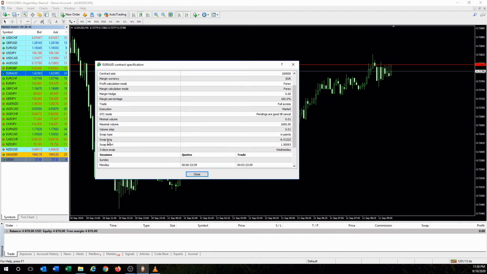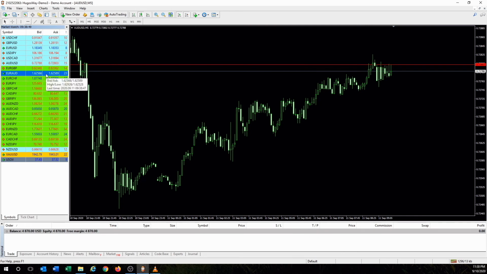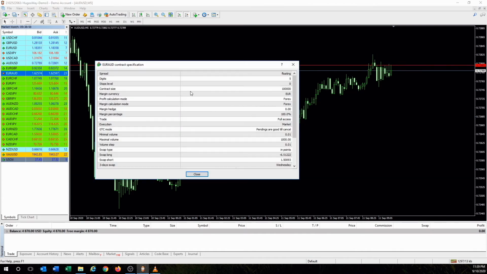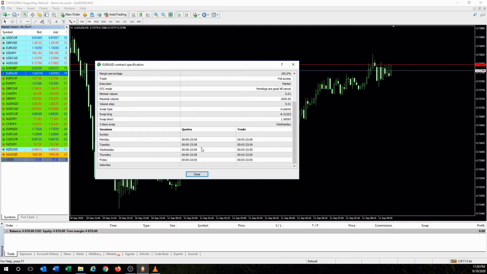So always just go into this little specifications. You can also do this if you want to look it up on your phone. Same thing. I believe you just long hold and go to details, and you'll get the same thing. So in here, you can read about the actual asset. There's good information in here, and it also has the market hours.